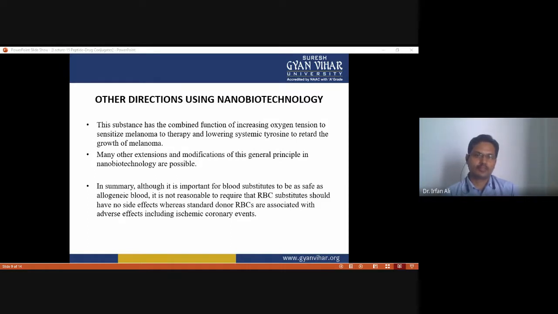The next one is the biodegradable polymeric nano-dimensional artificial red blood cell, which uses a biodegradable polymer like polylactides. These could be used as blood substitutes, producing artificial RBC by the use of a biodegradable polymer, that is polylactides. So nanobiotechnology has the potential to produce other blood substitutes also.